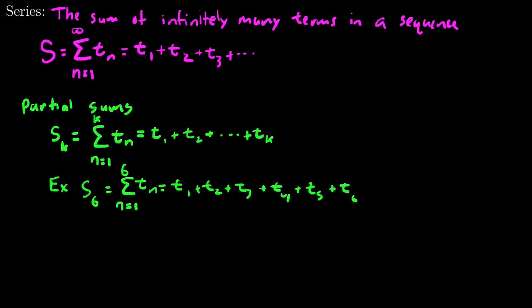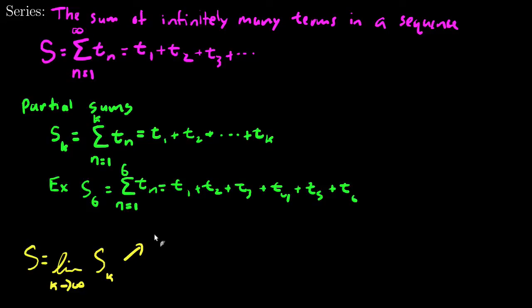One last thing to talk about for this, tying these together. The series, or the infinite series, or infinite sum, will equal the limit as k goes to infinity, the limit as the stopping point goes up to infinity, of the partial sum.